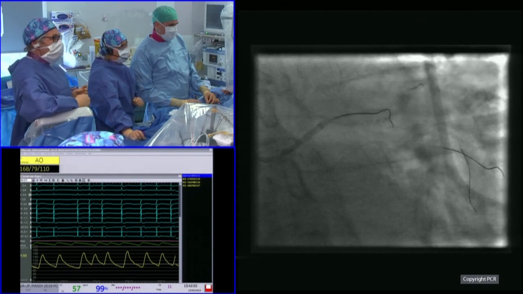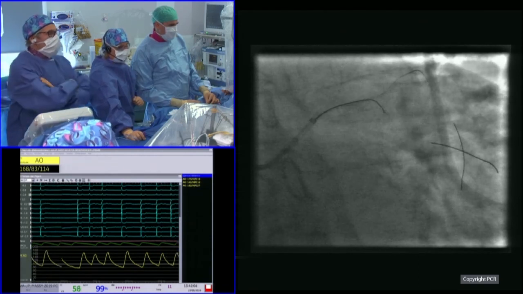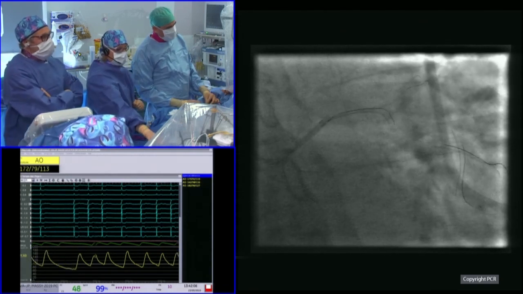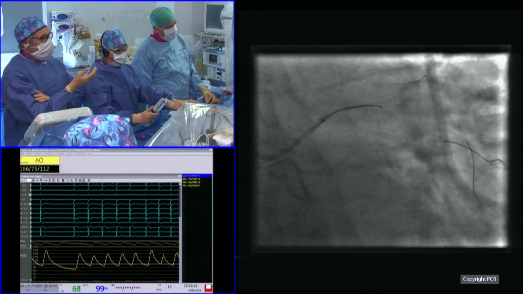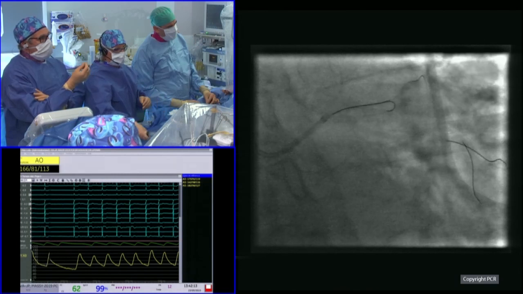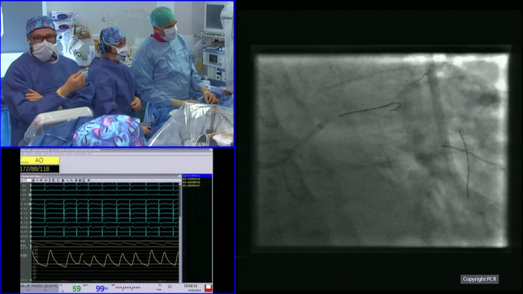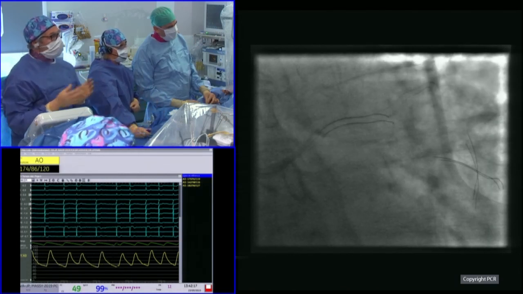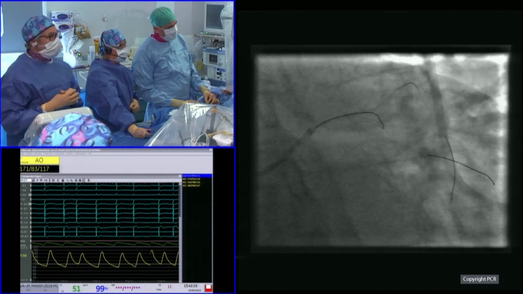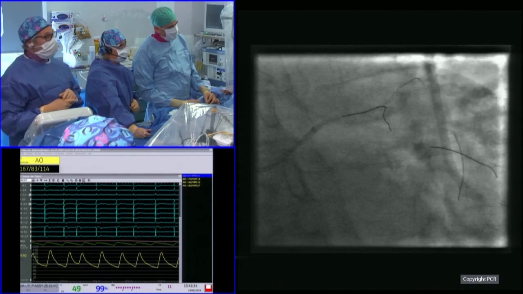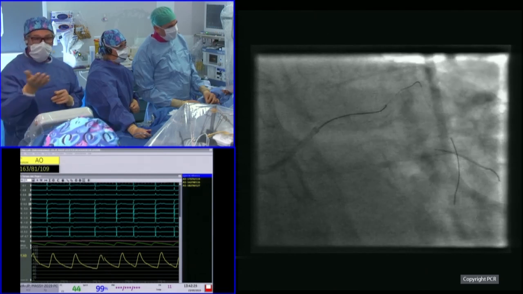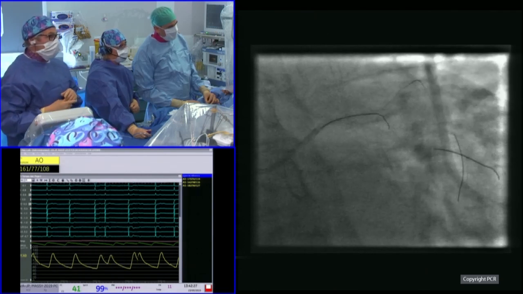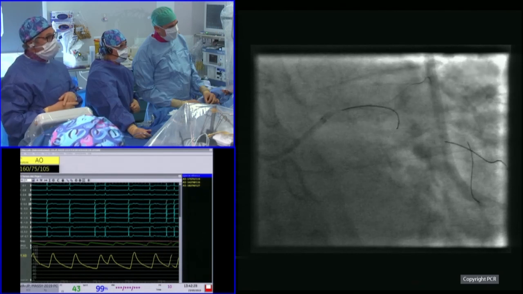The other one is that now we are seeing a lot of cases, not in my center because we always open a strut toward the circ, but we see a lot of cases with a pseudo-restenosis of the circ, which is just due to neo-endothelialization of the struts which are not open. We have seen that with BVS, of course, and Dr. Onuma knows that very well, but we see that also with metallic stents.